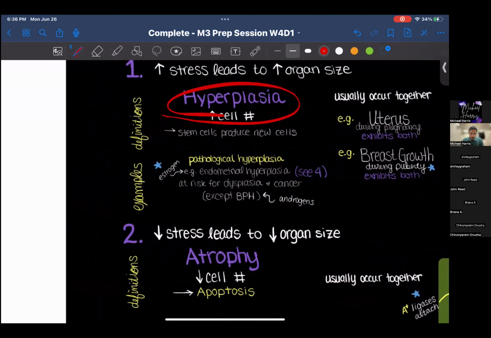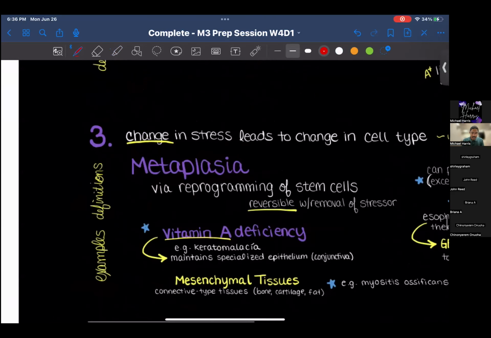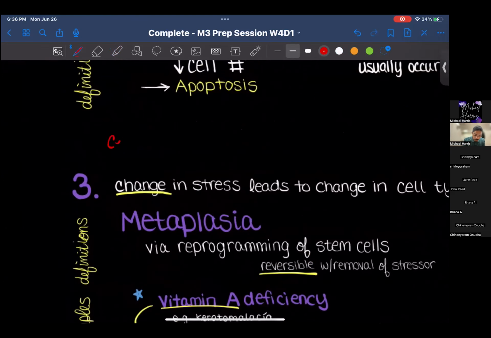Okay. Now, metaplasia. What ends up happening here is we're taking one cell type and we are changing it into another cell type.